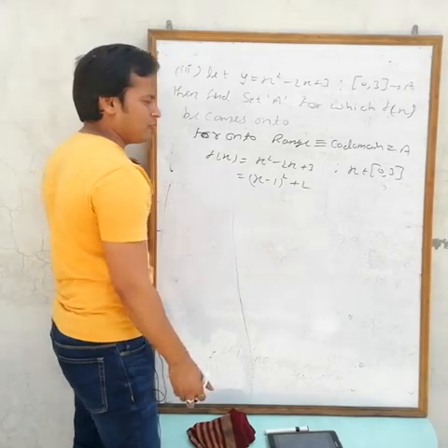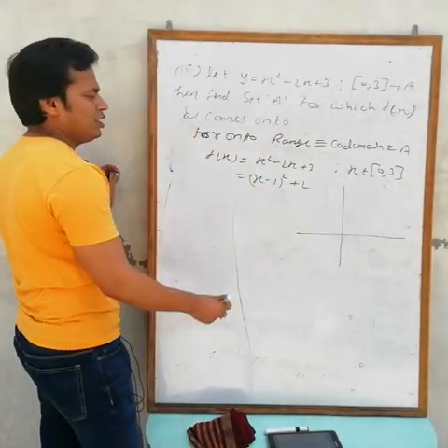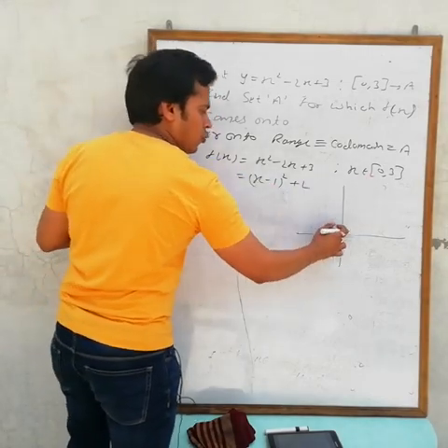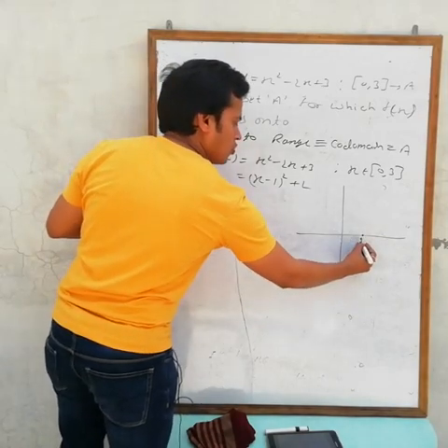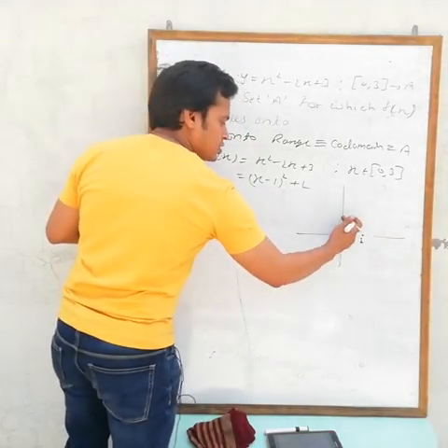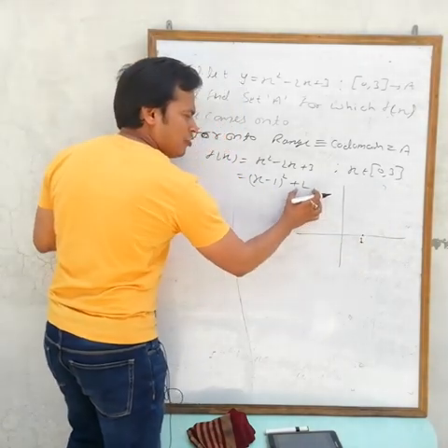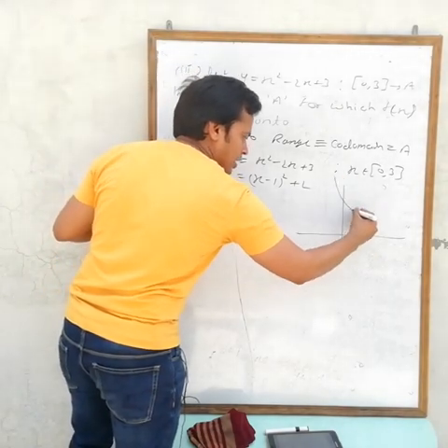Now how to draw the graph of this? That is simple, this is done in 11th. First, this is the graph of x square, then x minus 1 whole square shifts 1 unit to the right. Now we have plus 2, so shift the complete graph 2 units above, so you will get it like this.